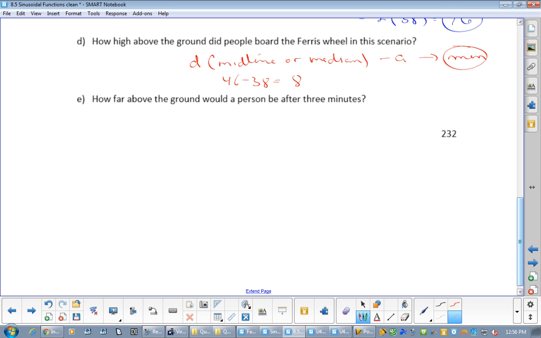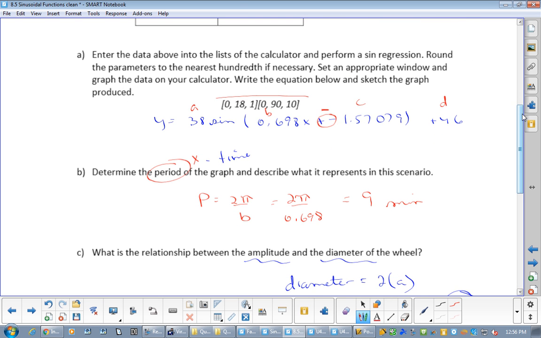Now, how far above the ground would a person be after 3 minutes? At this point we have two options. You could just put 3 into the equation, because 3 is time.